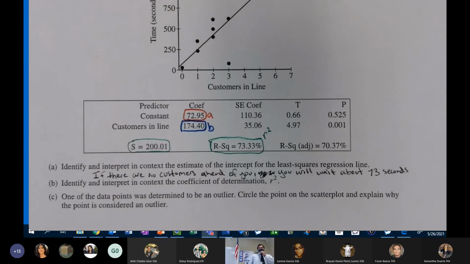So again, that's what that says. If there are 0 customers ahead of you, it's going to take about 73 seconds to check out.